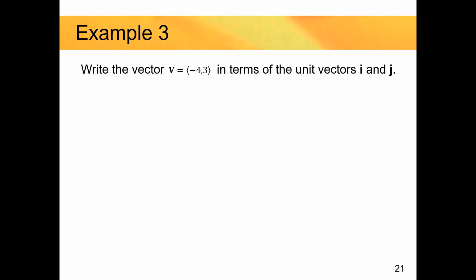All right, with unit vectors now. So instead of writing it as -4, 3, which kind of doesn't lend itself to algebra too well, I'm going to write it like this. So the I component is going to be hooked up with that -4. The J component is just going to be worked up with 3. So that whole piece now is just -4I plus 3J.